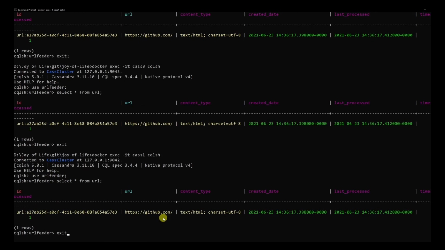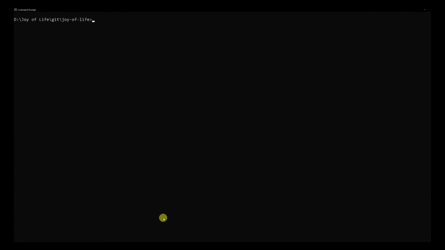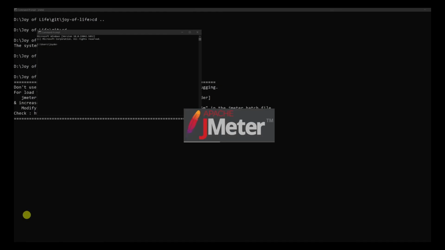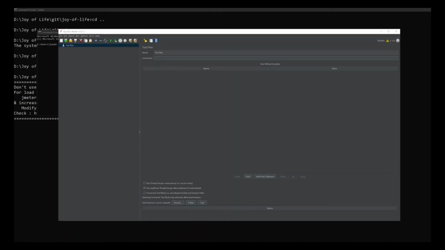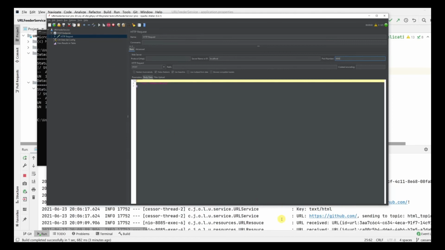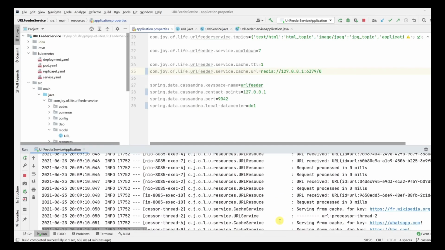So let's exit this, and let's run our load testing over here. We need to change this 8085, and I think we are good to go. So you can see here that we are getting a bunch of requests.